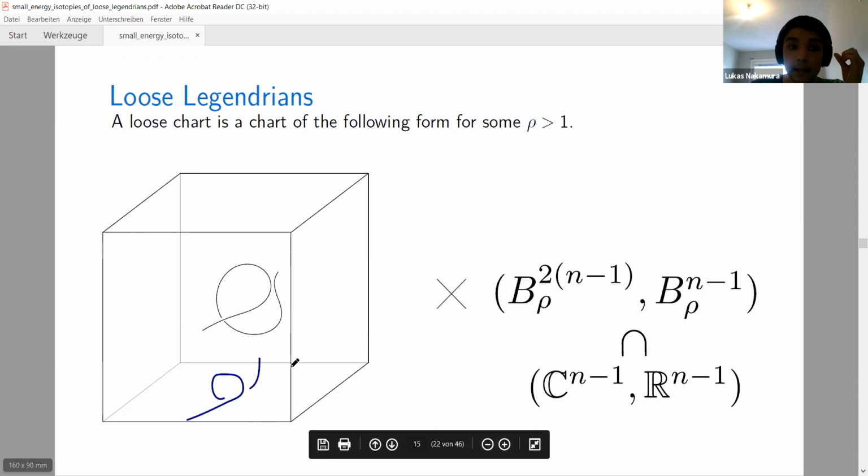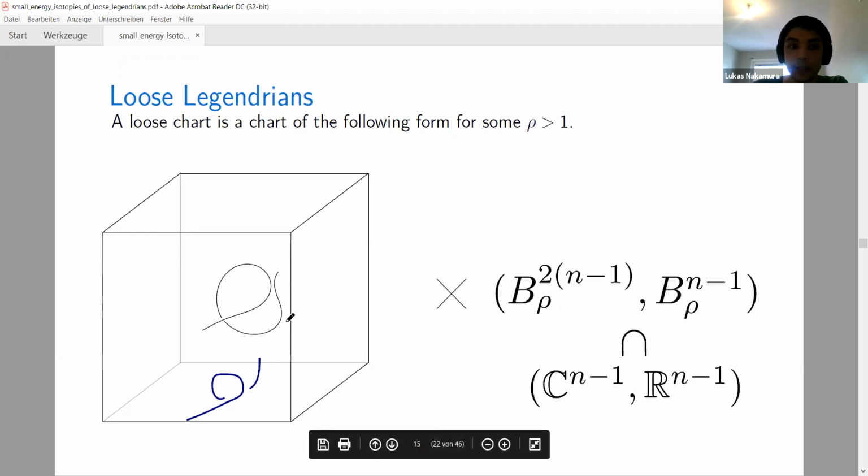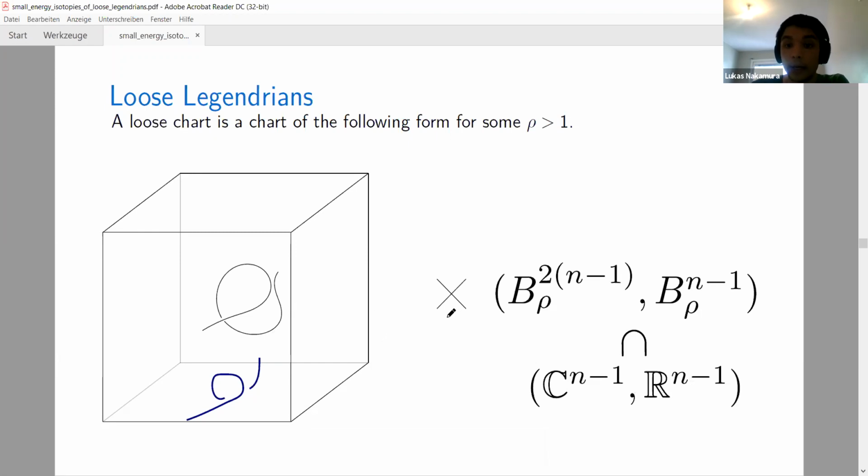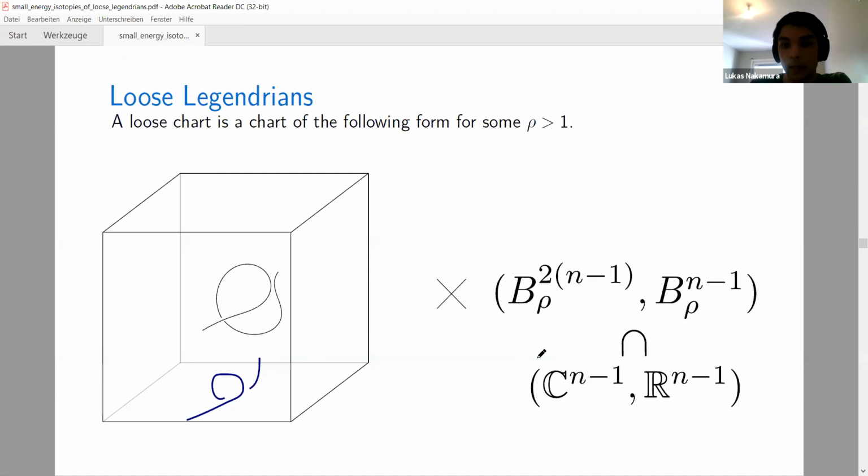You take this picture times the (n-1)-dimensional ball of radius rho inside the (2n-1)-dimensional ball of radius rho, which should sit in R^{n-1} and C^{n-1}. This gives an n-dimensional Legendrian inside the (2n+1)-dimensional contact manifold. If your Legendrian looks locally like this, then you call it a loose Legendrian, and this picture is a loose chart.